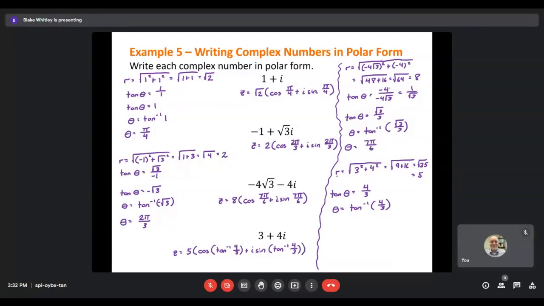And so that right there would be the exact value of the polar form for that complex number. If you don't need an exact value, if you're allowed to round, then put inverse tangent of 4/3 in your calculator, get an approximation for that angle, and then you can just put that in there. But in this case, if we're not told to round, we need exact values. The only exact value we can use for that angle is inverse tangent of 4/3.